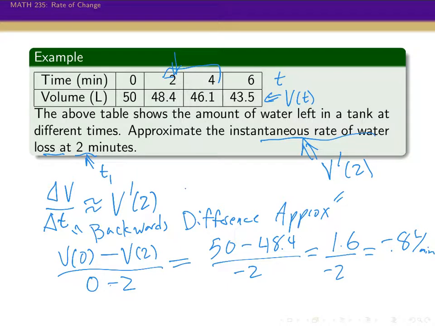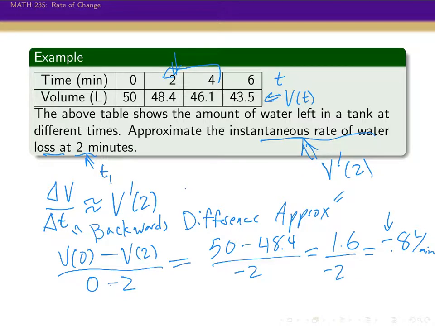So this gives us a slightly smaller value. But this again is coming from looking backwards in time and seeing what happened up until 2. And another important thing to notice here is that in both of these we've been getting negative values. Why is the negative value important here?